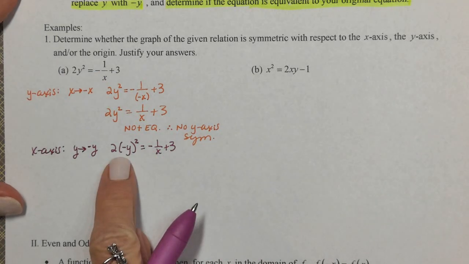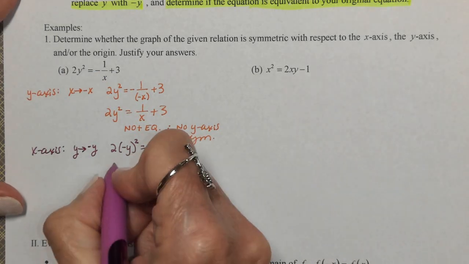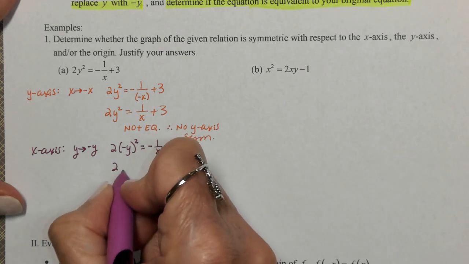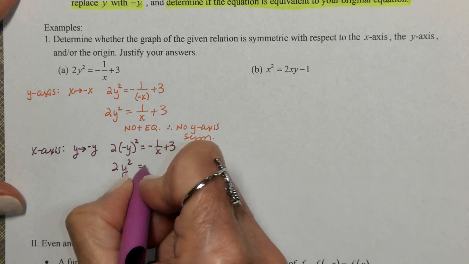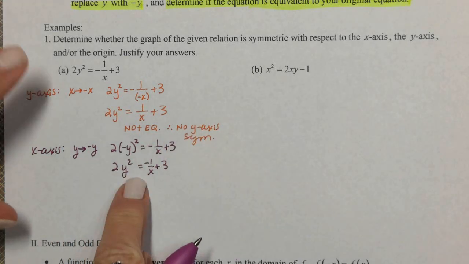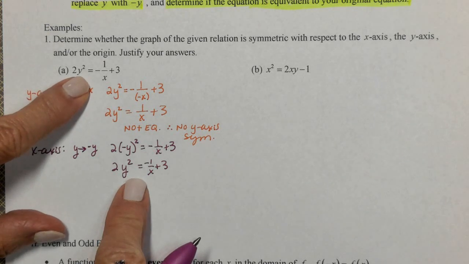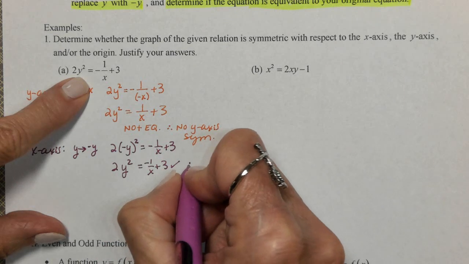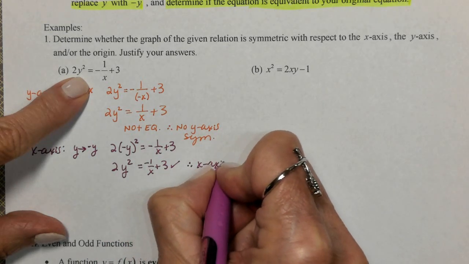Well, negative y squared is the same as, we're squaring the negative 1 and we're squaring y. So this is the same as 2y squared. Is this equation equivalent to that equation? Yes, it is. They are identical. Therefore, x-axis symmetry.